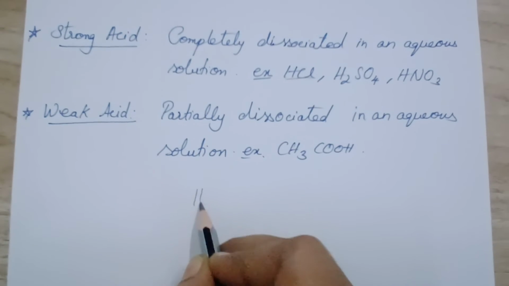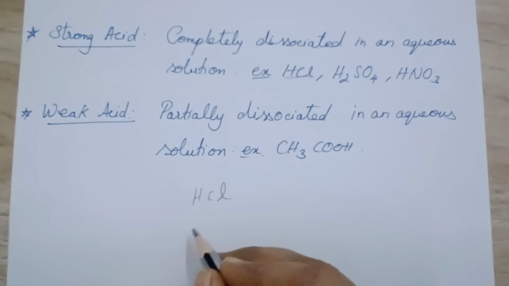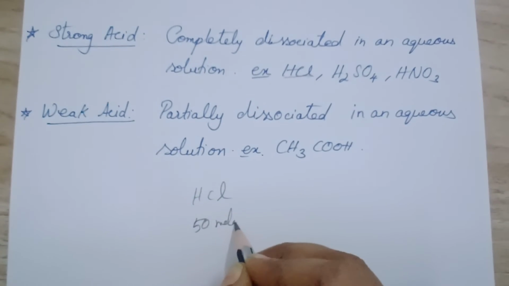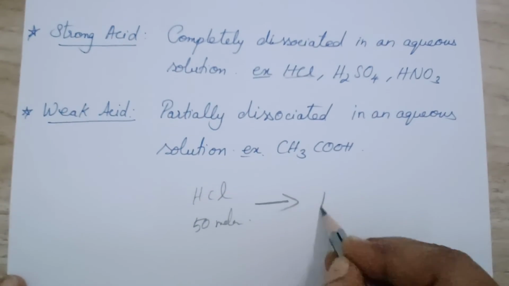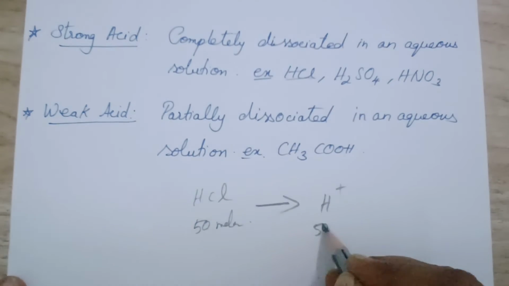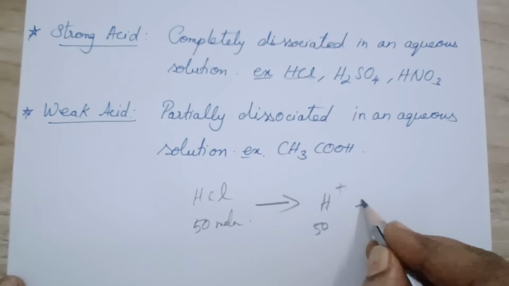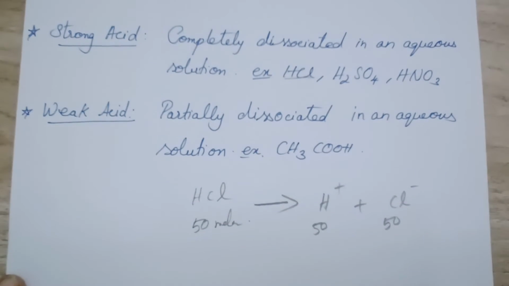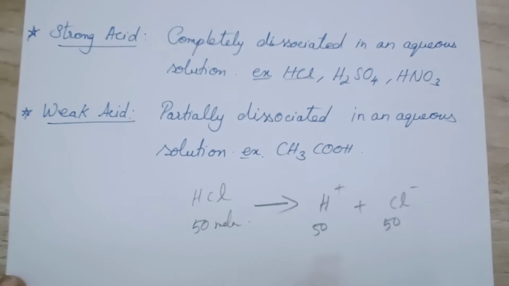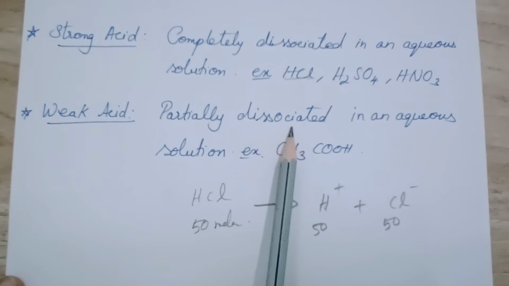If 50 molecules of HCl react with water, you will get 50 H+ ions plus 50 Cl- ions. Completely dissociated. That is called a strong acid.